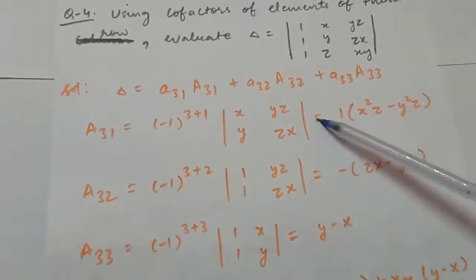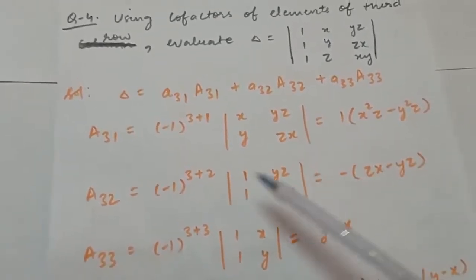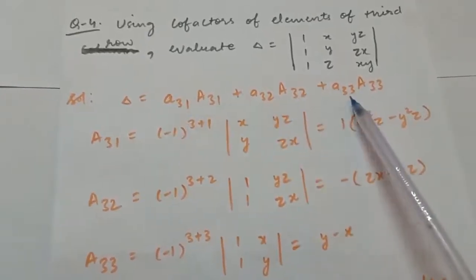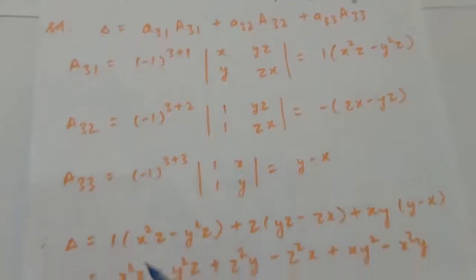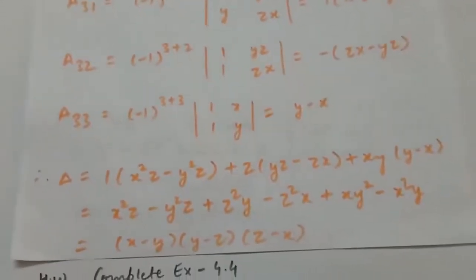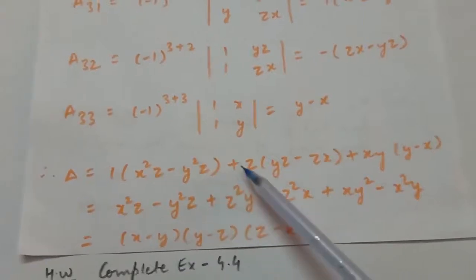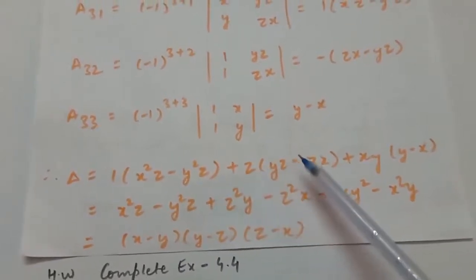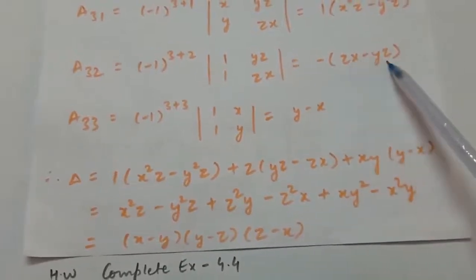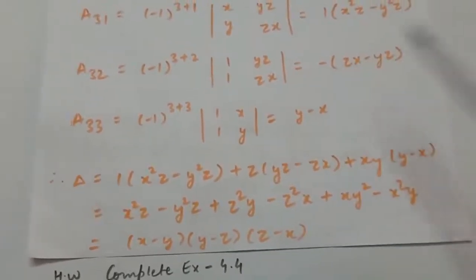Now multiply these cofactor values with the elements of the third row. So you will get the determinant value as 1 into x square y minus y square z, plus z into yz minus zx, because here it is zx minus yz. Take this minus inside the bracket.